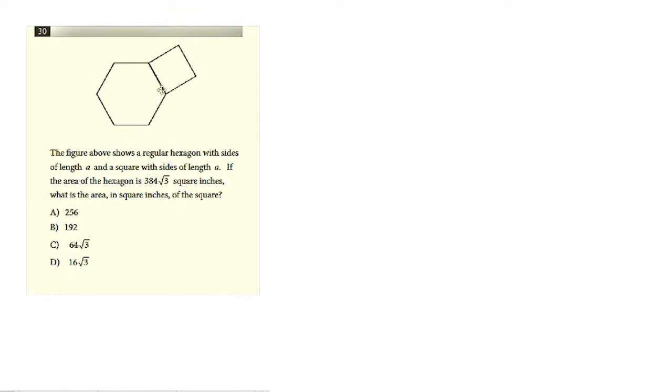Now, the easiest thing to do is, we know this diagram is to scale. So if we draw a square like that, I don't draw it very well, you can see that the hexagon is significantly bigger than the square, but it's not that much bigger. If you work it out with your calculator, I believe 384 root 3 is about 665.